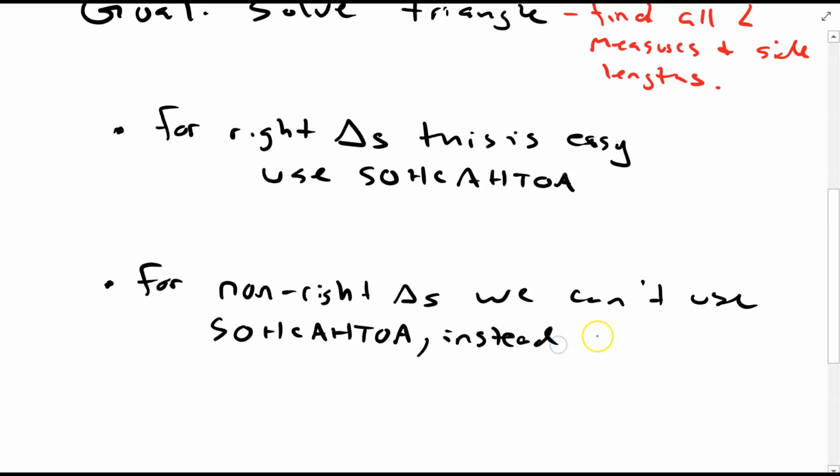Instead, we're going to develop two tools called the law of sines and the law of cosines. I'm going to abbreviate law of sines as LOS and law of cosines as LOC, since we use those phrases on a regular basis all through this chapter. Is everybody okay with LOS and LOC? Okay.